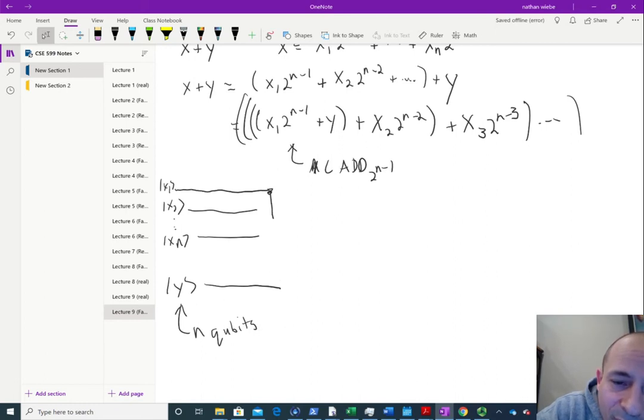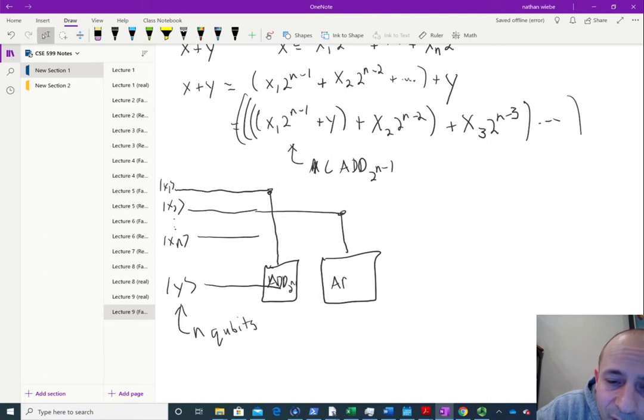First, we begin by doing a controlled add of 2 to the n minus 1. Then we're going to do an add 2 to the n minus 2.